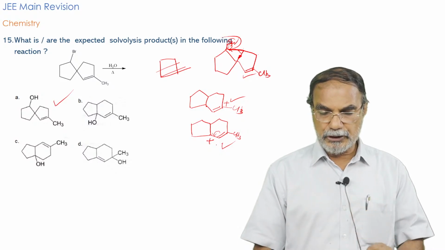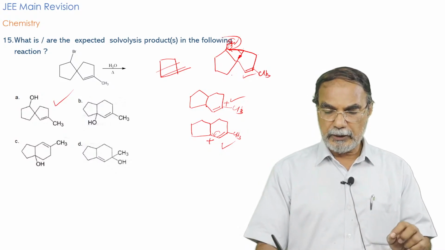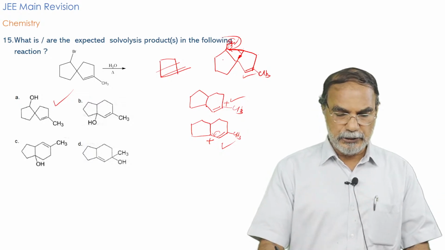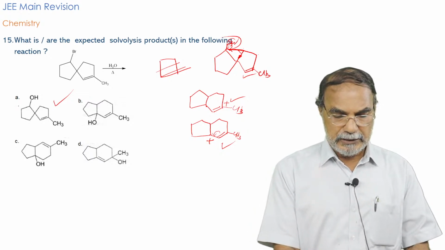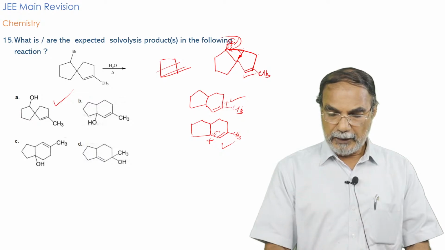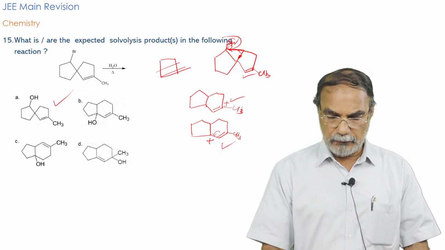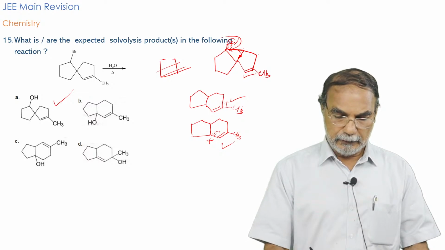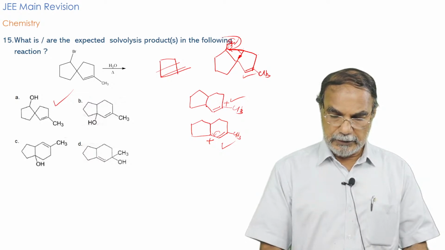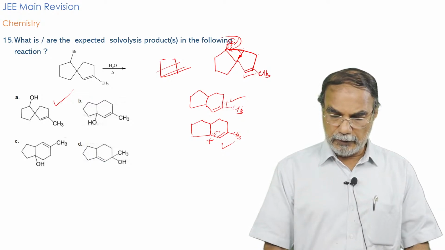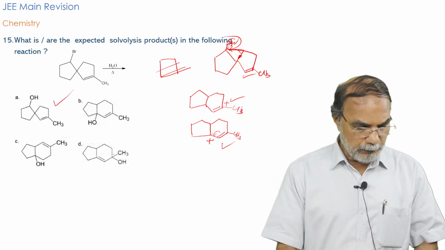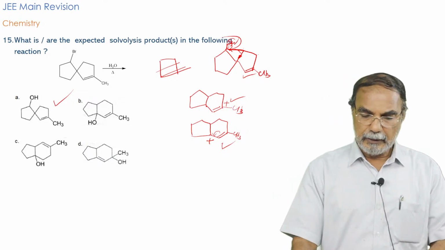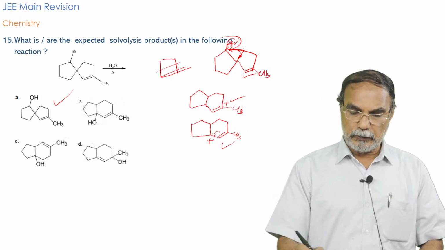The product from this structure on reaction with a water molecule gives the product A. If water reacts here, you get this product, and if the water molecule reacts the other way with the other carbocation, you get this.